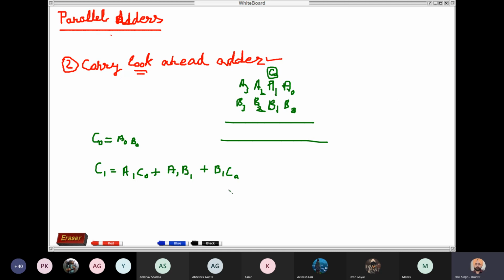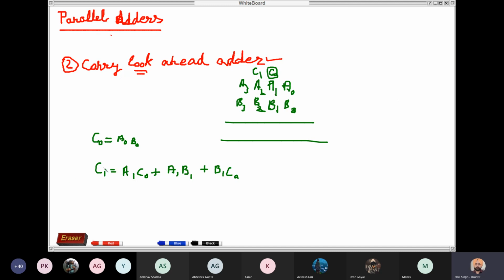So the next carry C1 will be generated if either C0 or A1 are 1, or A1 B1 are 1, or B1 C0 are 1.